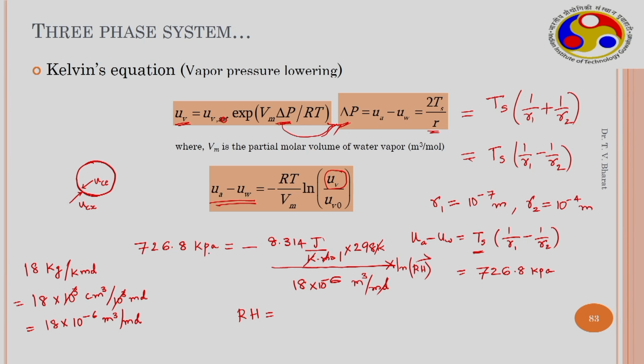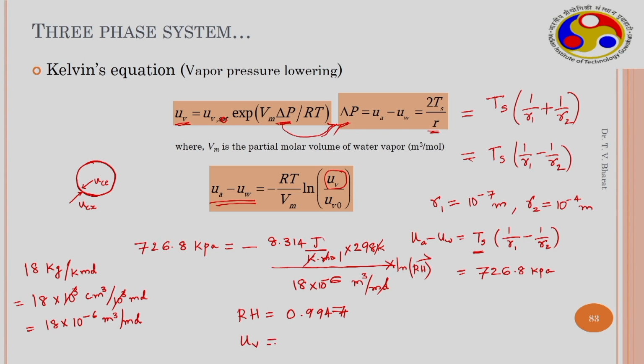When you multiply with 10 power 3 and simplify, you get 0.9947 as the RH, or 99.47%. At standard temperature, the saturated vapor pressure uv sat is 3.167.